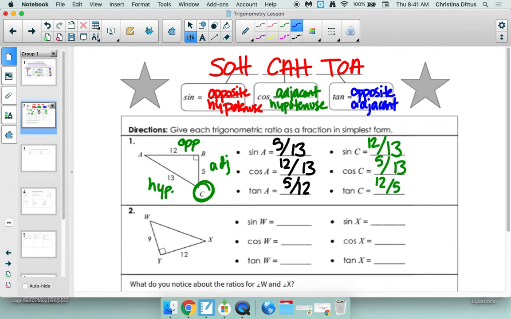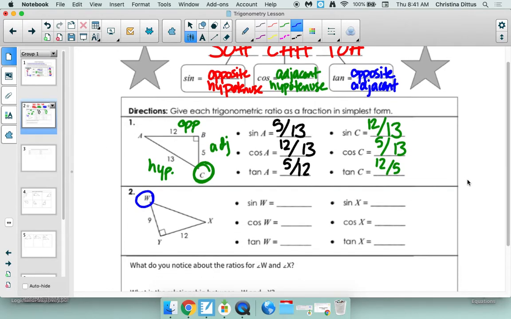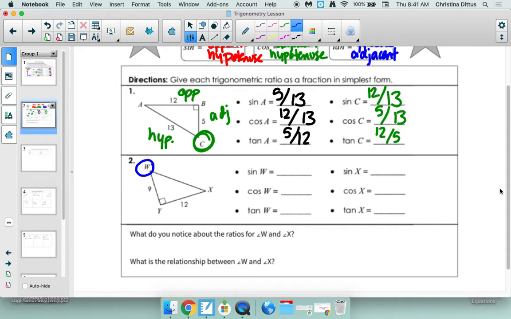Next one says find the sine of W. Sine is what over what? Am I missing anything? Yeah, my hypotenuse. It's blank. How can I find my hypotenuse? Yes, Pythagorean theorem.